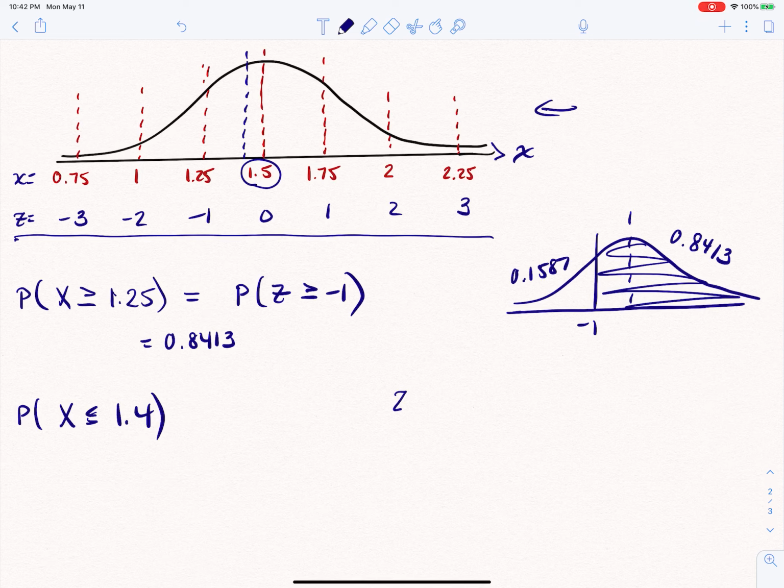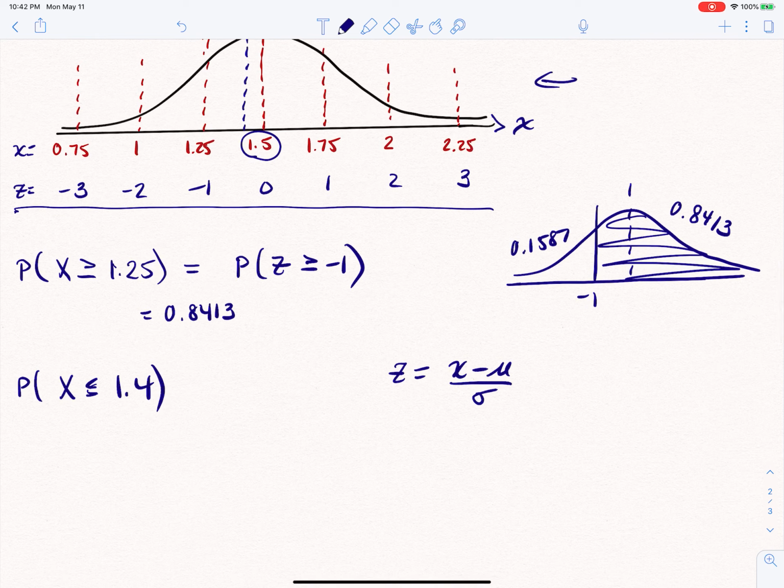We might remember a formula that relates the z-score to an x-score, and that was x minus mu over sigma. So the first thing that we do is convert 1.4 to its corresponding z-score. And that looks like negative 0.4.